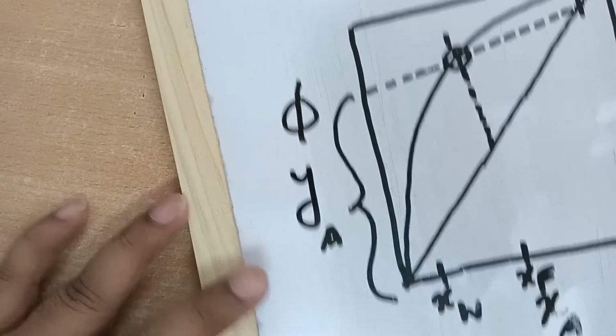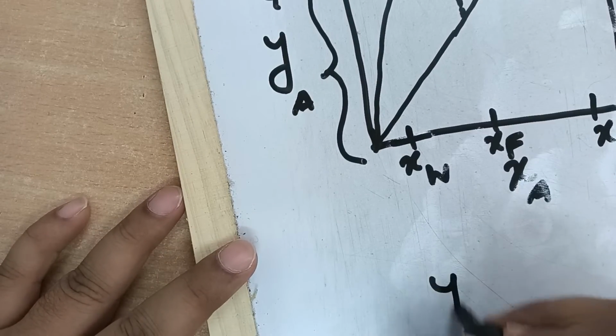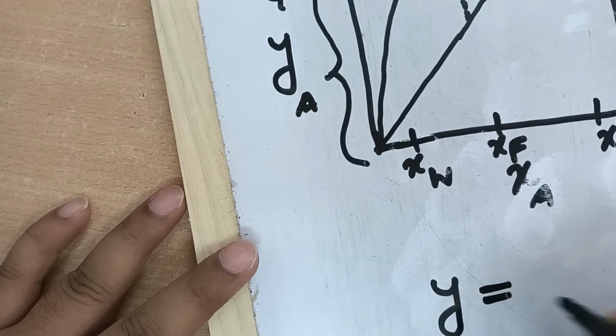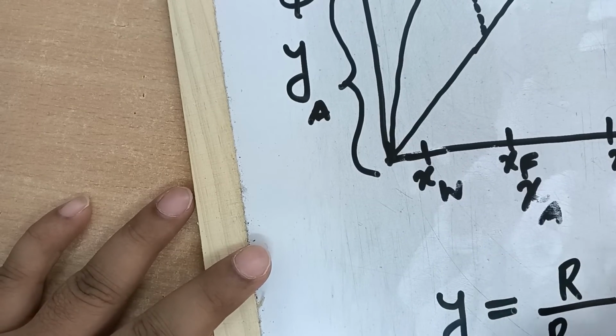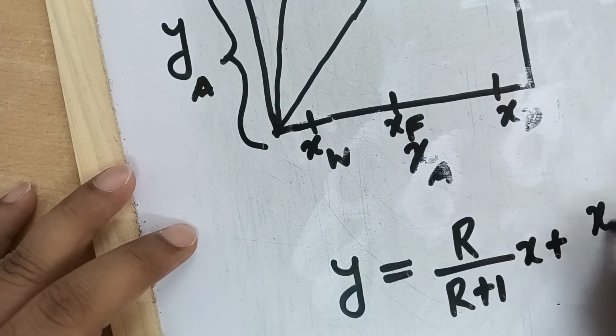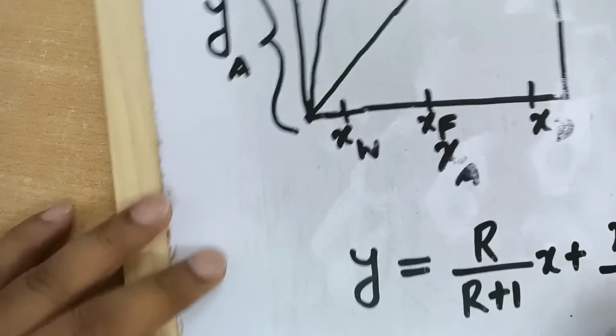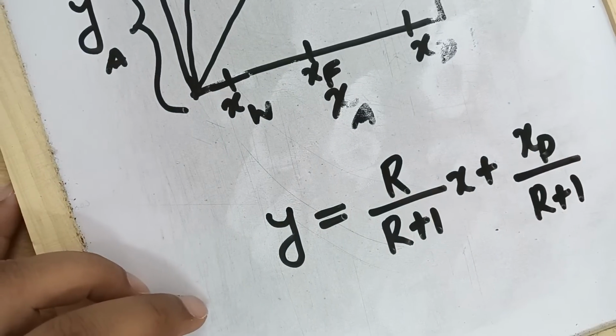Now exactly what is happening? The expression for the enriching section operating line was y is equal to R over R plus 1 x plus xD over R plus 1. This was the standard equation.